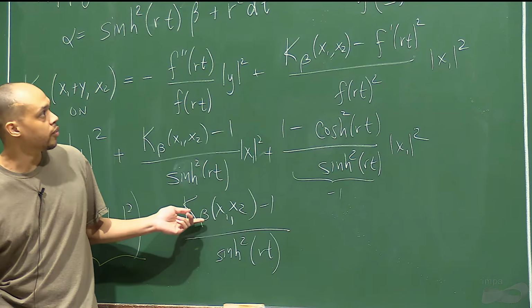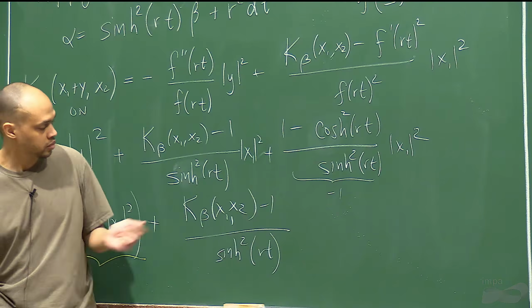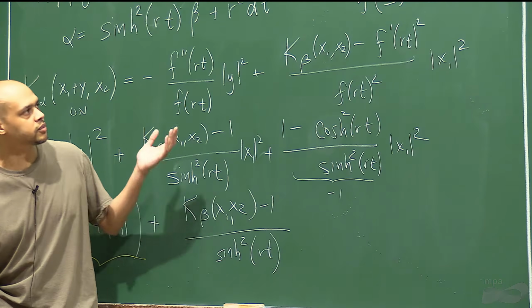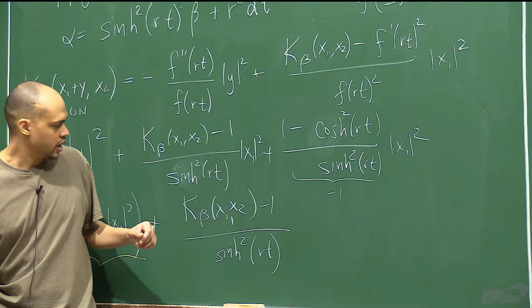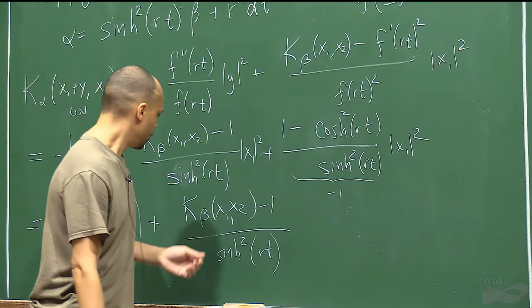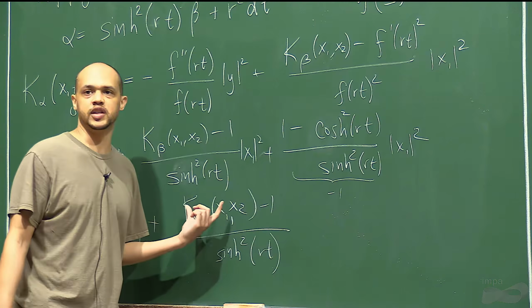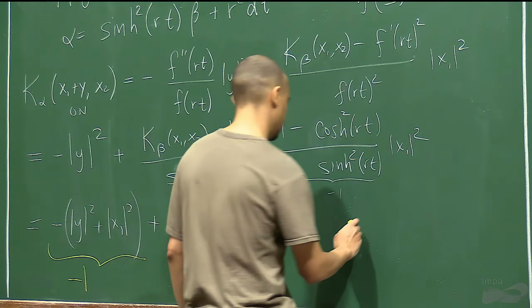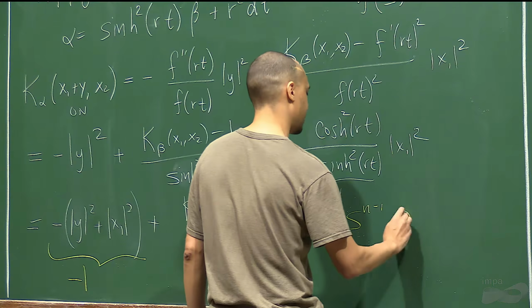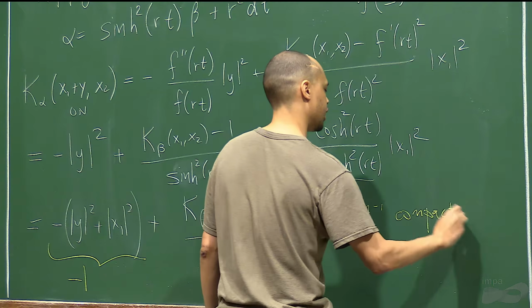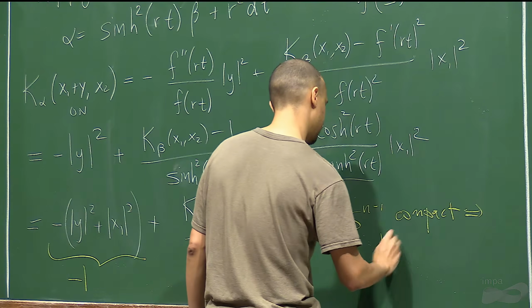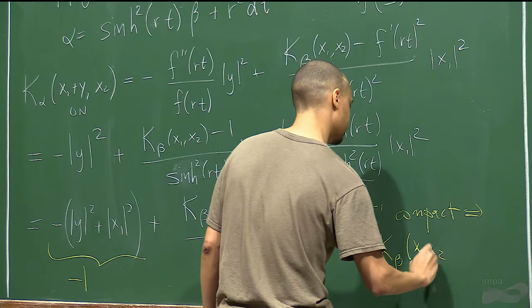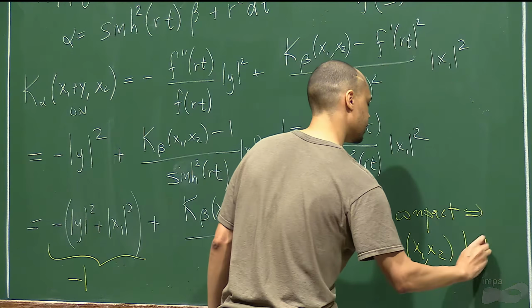Beta here is just some mystery metric on the 2 sphere, or on the n minus 1 sphere. So we don't know this value, but at least it's bounded because the sphere is compact. So S^(n-1) compact implies that K beta of x1, x2 is bounded.